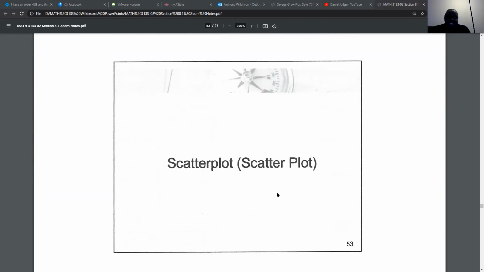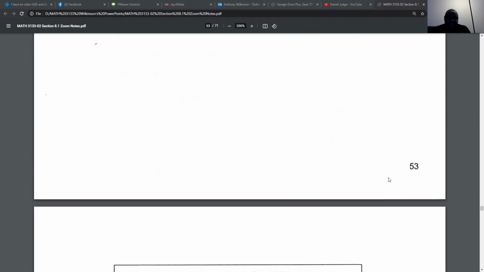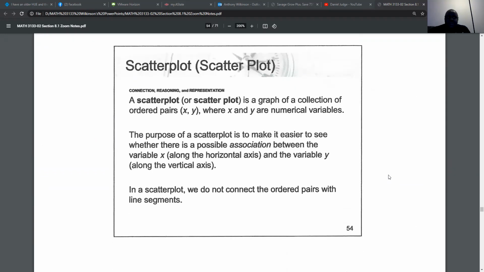Next we'll look at a scatter plot. A scatter plot is a graph of a collection of ordered pairs x, y, where x and y are numerical or quantitative variables.